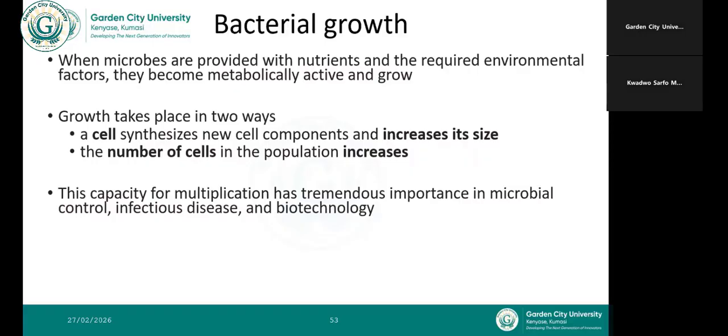So you focus on the growth, and once there is growth, the cells increase in size. When the cells increase in size, it gets to a point where they mature and they can divide by binary fission.